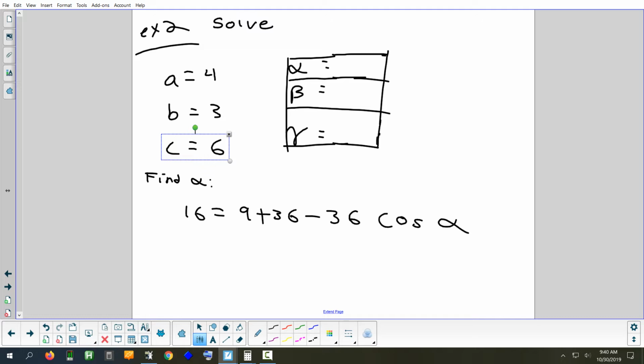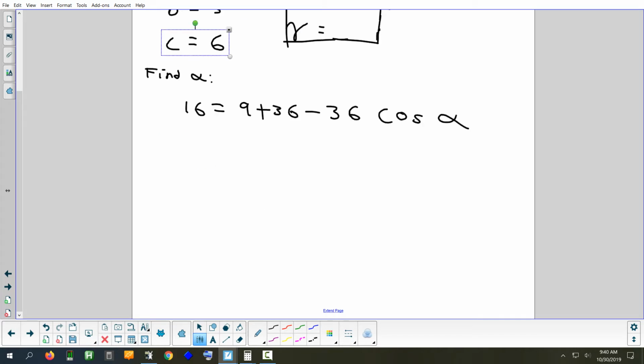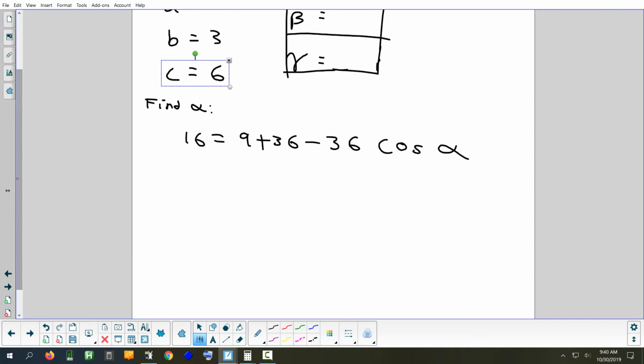Abby, what's my next step here? So like if I gotta simplify some stuff on the right hand side, what's the next thing I could combine? The 36 and negative 36 cancel out?